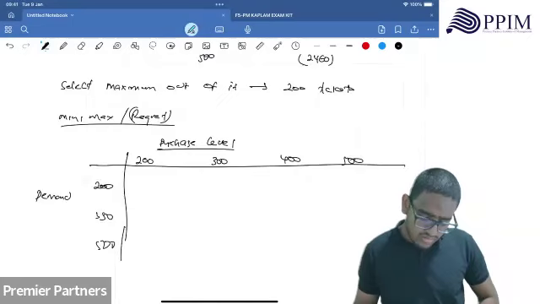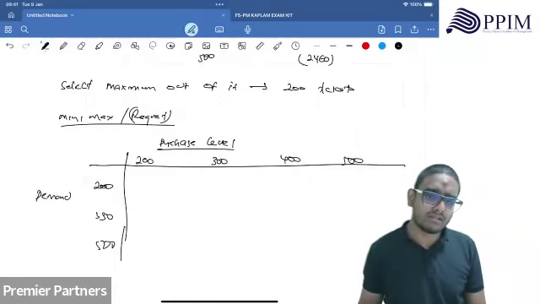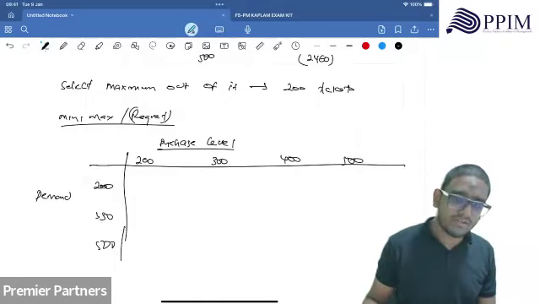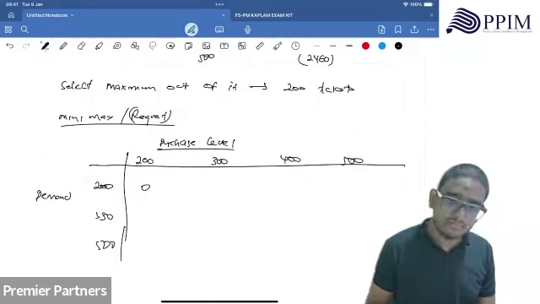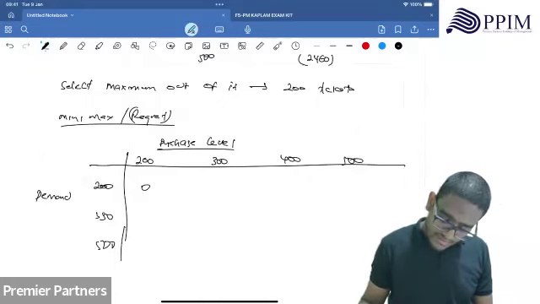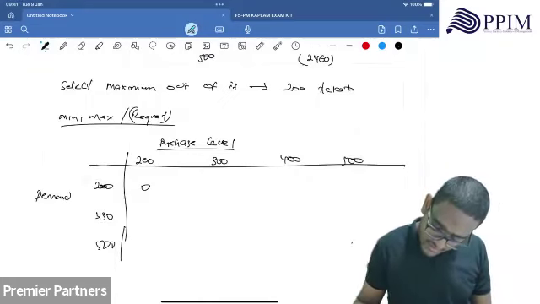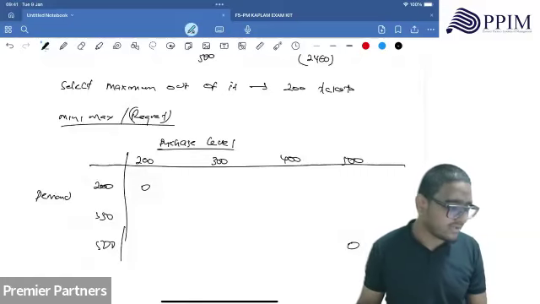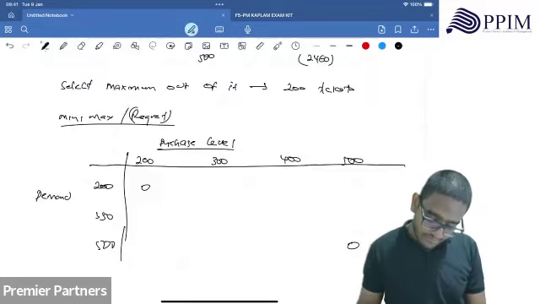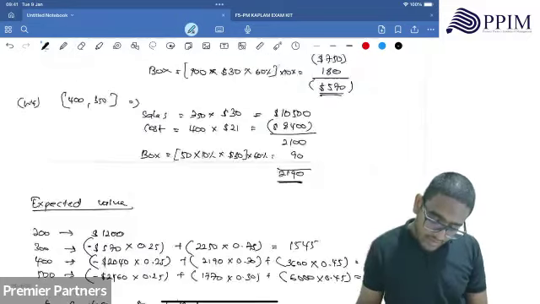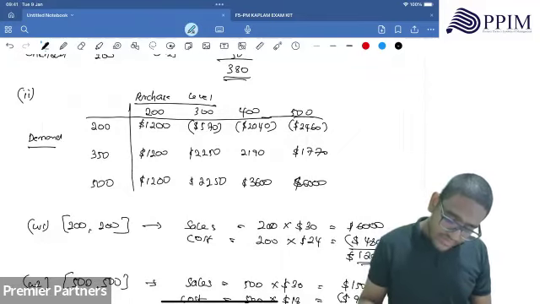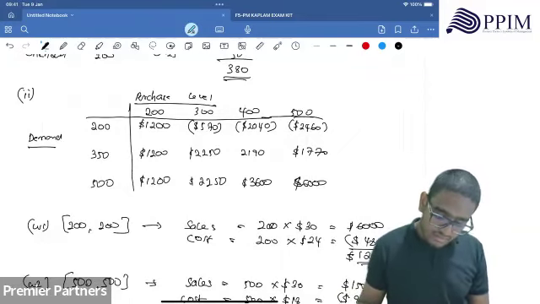Right. So now, when you do a regret table, what do you look at? What went wrong? Okay. So at 200, when you purchase 200 tickets and a demand is 200, there is no regret. When you purchase 500 tickets and the demand is 500, there is no regret. Everywhere else, there has to be some kind of a regret. Now, let's take the demand to 200.